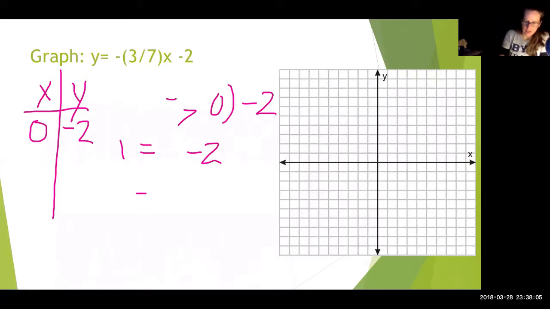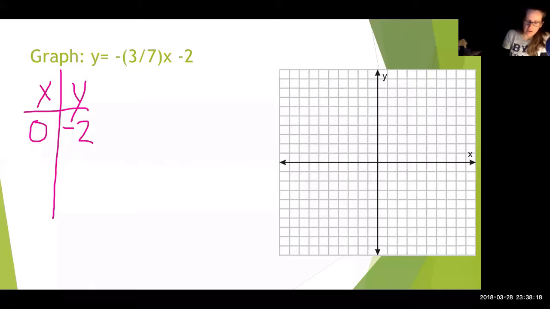So here's another easy number to pick. Remember when we were multiplying fractions, if we choose a 7 for this x, then it's going to cancel that 7 in the denominator of that fraction. So that's a really smart number to pick because it'll make it nice and easy. So let's do it with that.